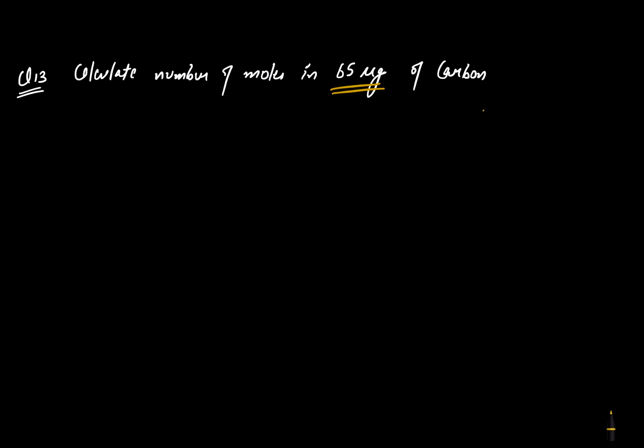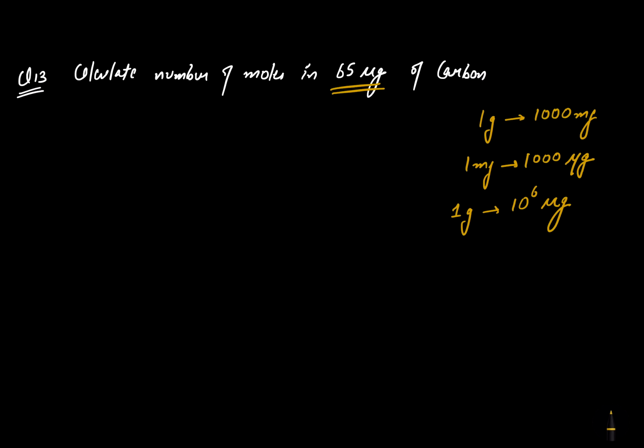Now 1 gram has 1000 milligrams, and 1 milligram has 1000 micrograms. That means 1 gram has 10 raised to the power 6 micrograms. So first of all, I have converted my gram to microgram.